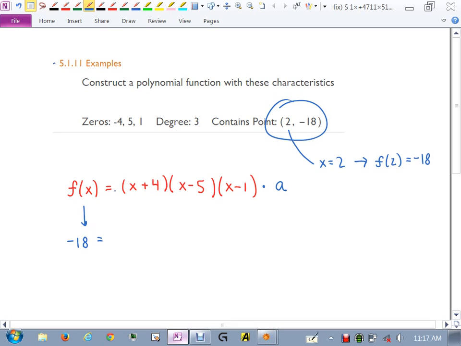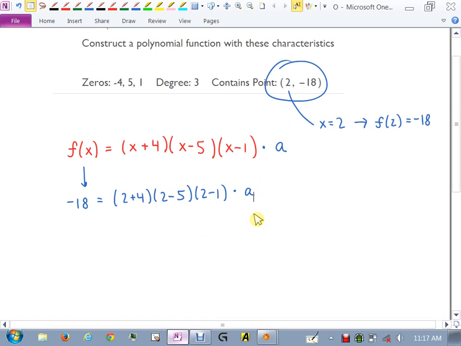That must equal 2 plus 4, 2 minus 5, 2 minus 1 times a. And what I have here now is an equation, don't I? This equation has only one variable in it, a, which means I can solve for a, which means I'm going to be able to determine exactly what a is.